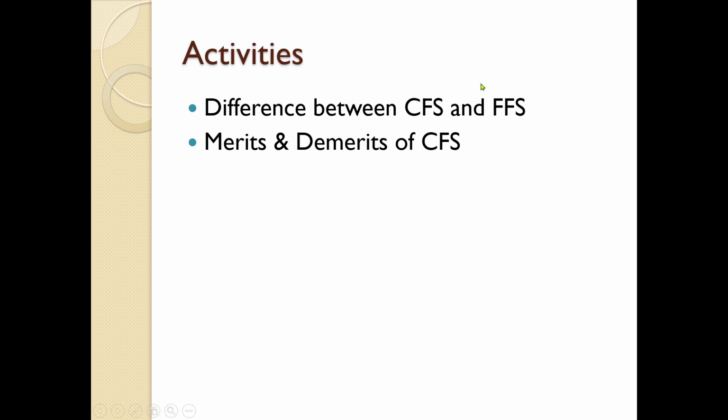Since we have learned both statements, just go through the theoretical part and try to identify the merits and demerits of the cash flow statement. It has been properly stated in the text, just go through it. If you have any queries, please let me know. Apart from the points given in the text, try to identify and point out the various merits and demerits of the cash flow statement from other sources also.